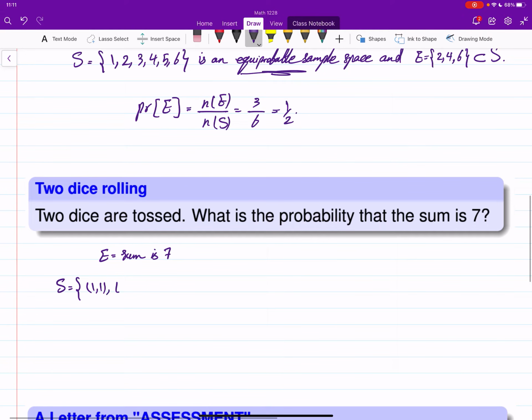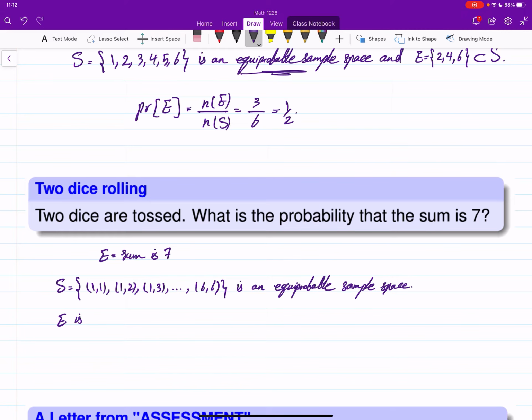So list all the outcomes. Due to some symmetries in the die, it will be clear that this is an equiprobable sample space.